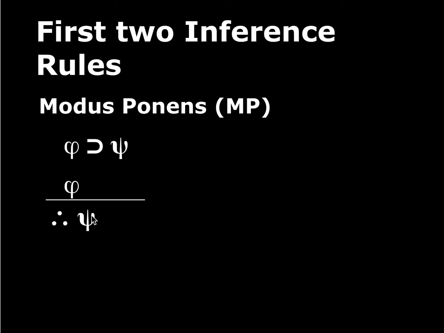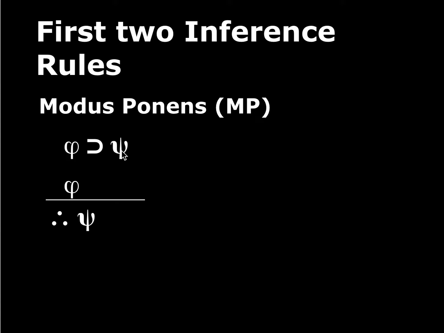What this rule is saying is that if you have a conditional on one of your lines already in a proof, and on another line you have the antecedent of that conditional. The thing above the line on these schematics is what you would need to have in order to apply the rule. You need to have these two things already on numbered lines in your proof.